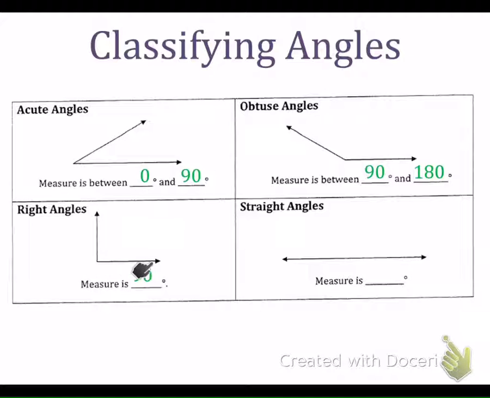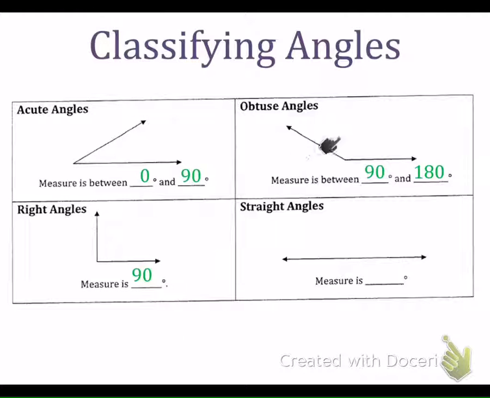This is a 90-degree angle. 90-degree angles are the ones that you see most often in the world, like the corner of a room or the corner of a door or where the wall meets the floor. Those are all 90-degree angles. If you're thinking of a hinge, this is the perfect little 90-degree angle.